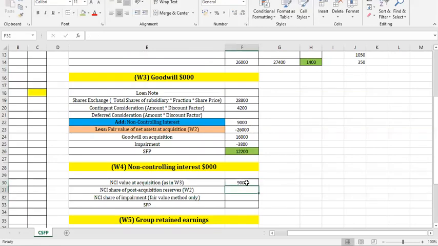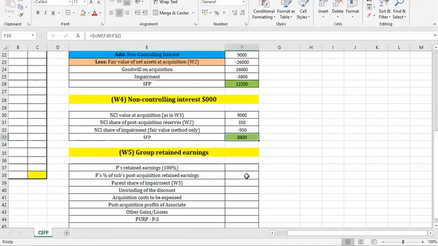NCI share is 350. We have calculated that. And the NCI share of impairment was, what was the impairment? 3,800. So 3,800 into 0.25. This is 950. Now we can net it off. So the NCI value is 8,400. So this should be recorded in the statement of financial position.